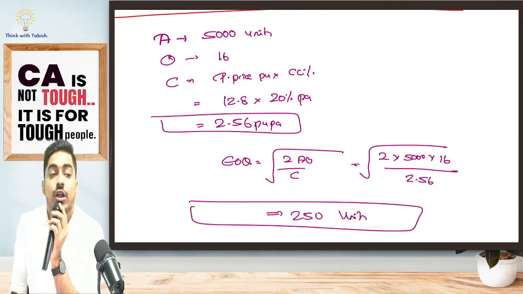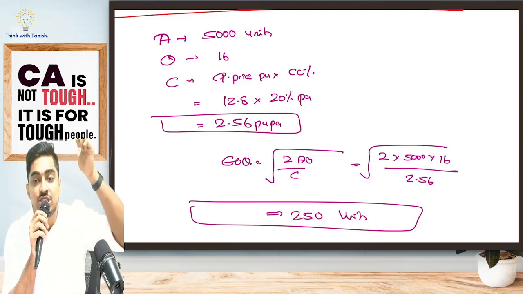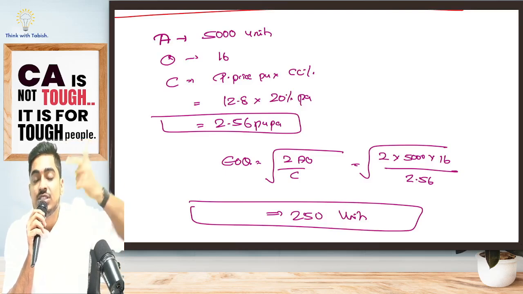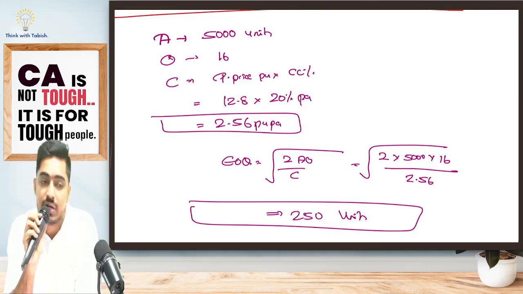So, we told ordering quantity into number of orders gives me my annual demand. One time how much I'm buying into how many times I'm buying gives me total how much I'm buying. So, in which ordering quantity my total cost is minimum, that is my most economic ordering quantity.